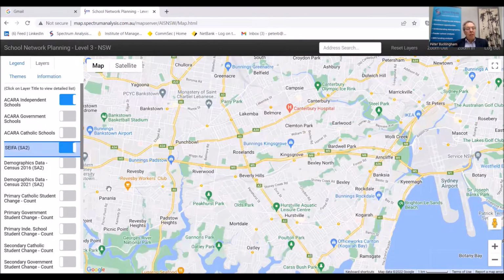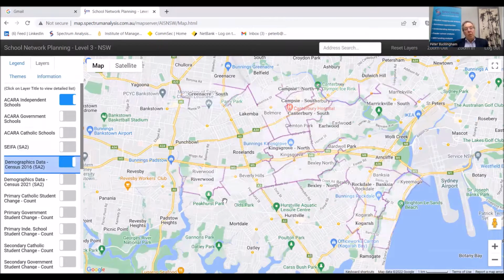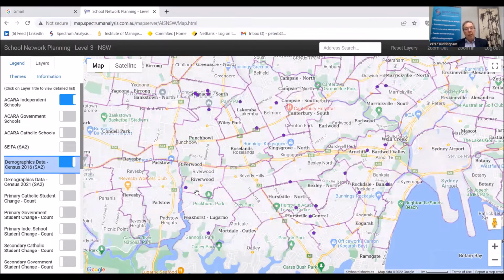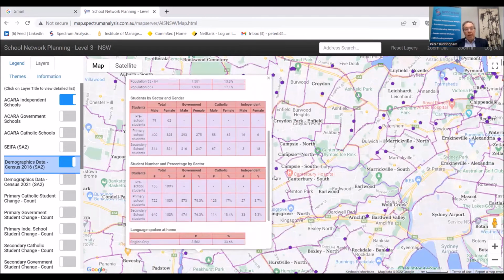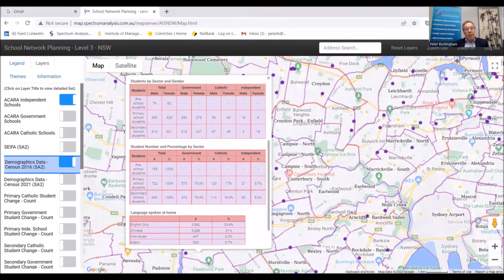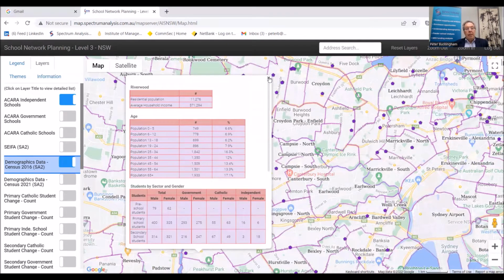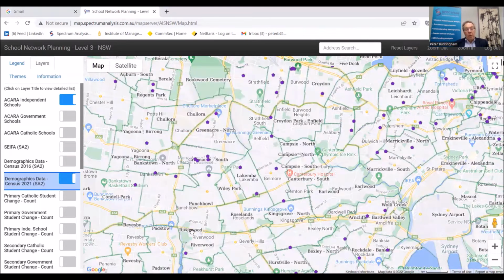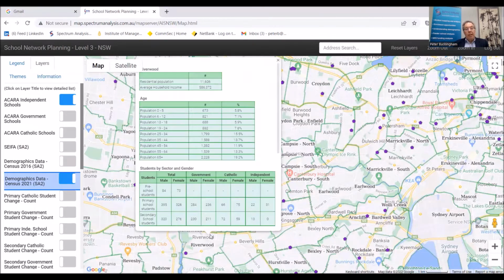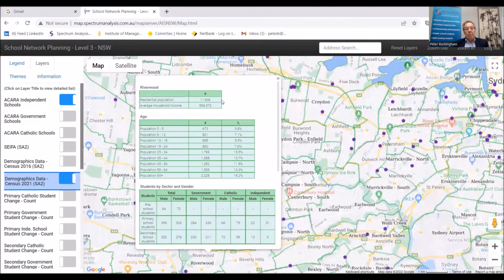The more important things that many of you want to see is the demographics. So I'm going to start off here by showing you demographics from 2016. So we can look at any area of what it was in 2016. And just by changing it, noting that's brown, and just by changing over to 2021, we can look at the green. The green areas are the current.